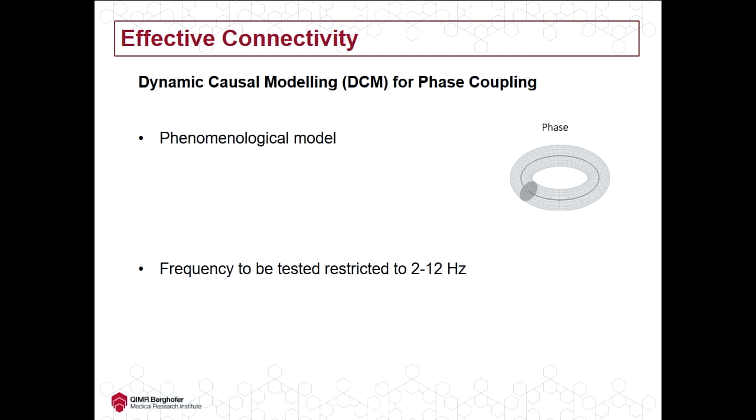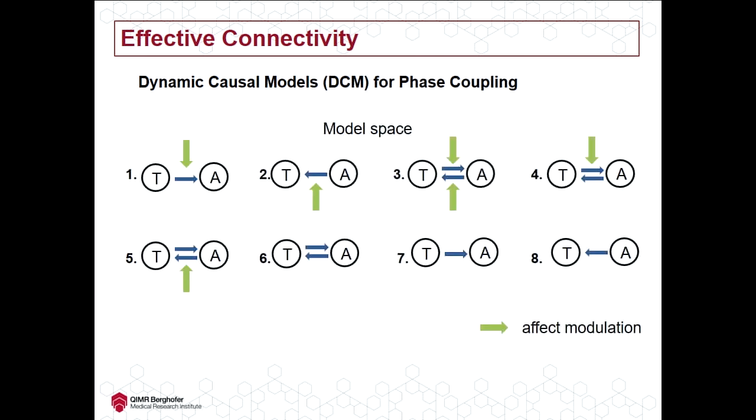We restricted our frequency range to 2 to 12 hertz based on our previous coherence and spectral Granger causality results. And we built our model space, including all the possible connections and affect modulation directions, and ended up with 8 models to be tested.